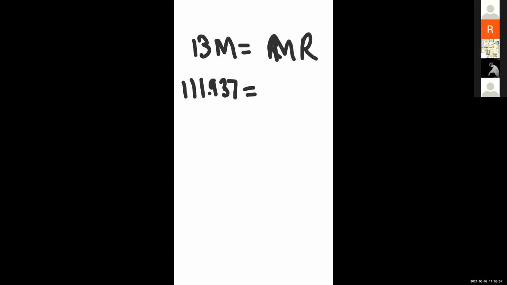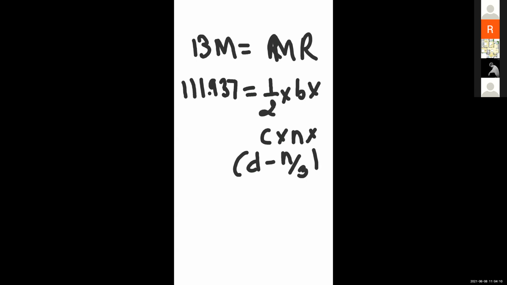Means bending moment of resistance is equivalent to, then calculate, half into B into C into N into D minus N by 3, in kilonewton meter.